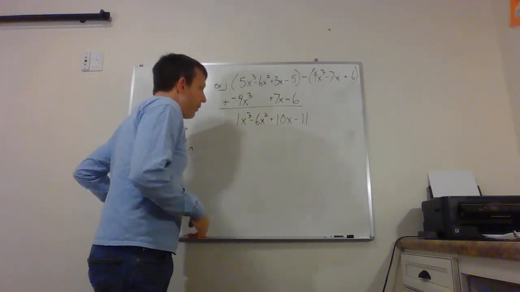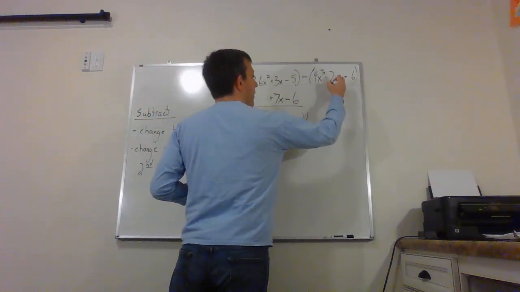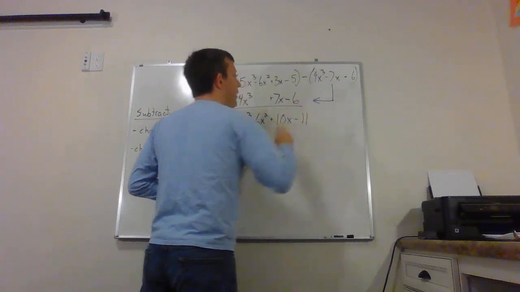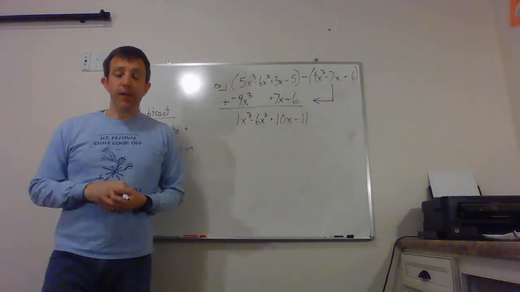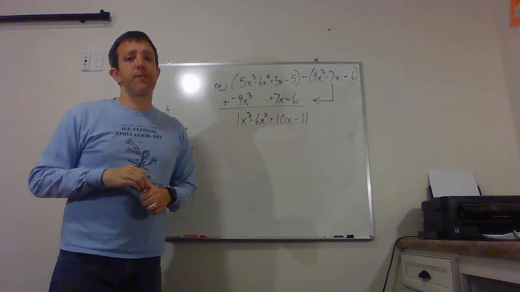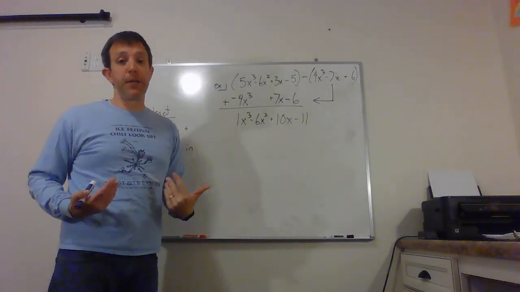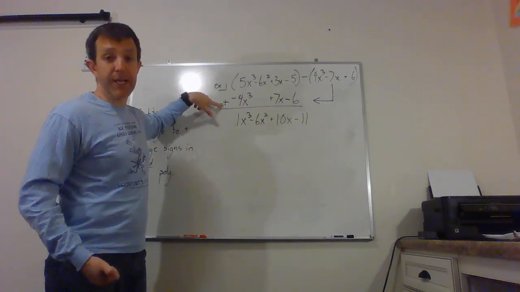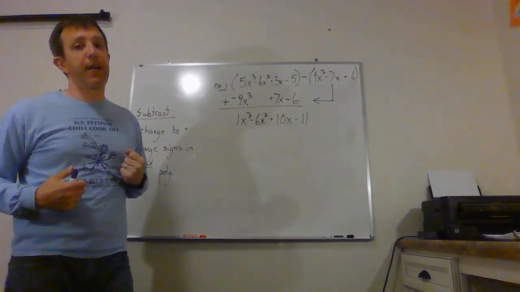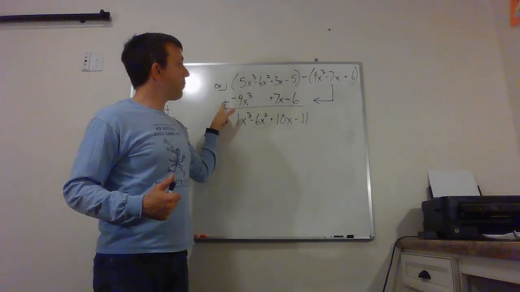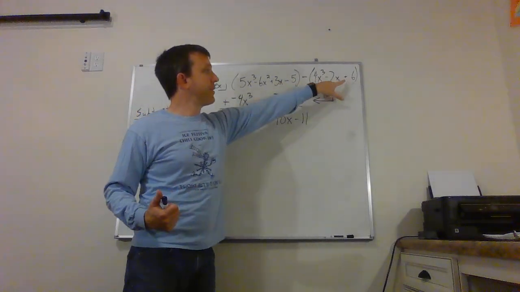So just like before, I really want to take this second polynomial and I want to wrap it down and write it underneath the first one so that I can combine my like terms. But this time, because of the subtraction, I'm going to change the problem a little bit. First, I'm going to do addition instead. I don't like subtraction. I'd much rather add. But since I want to add, I have to change all of these signs.